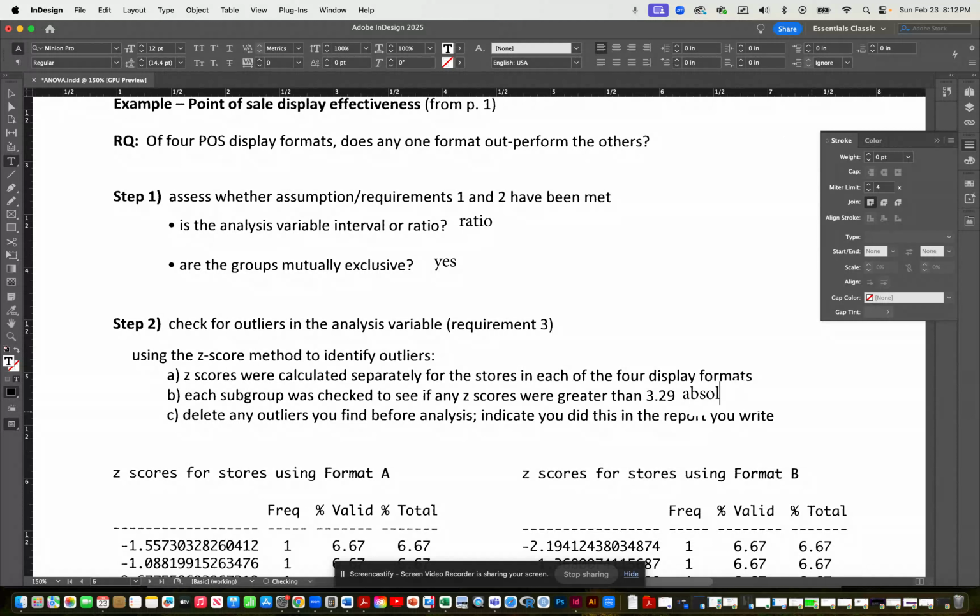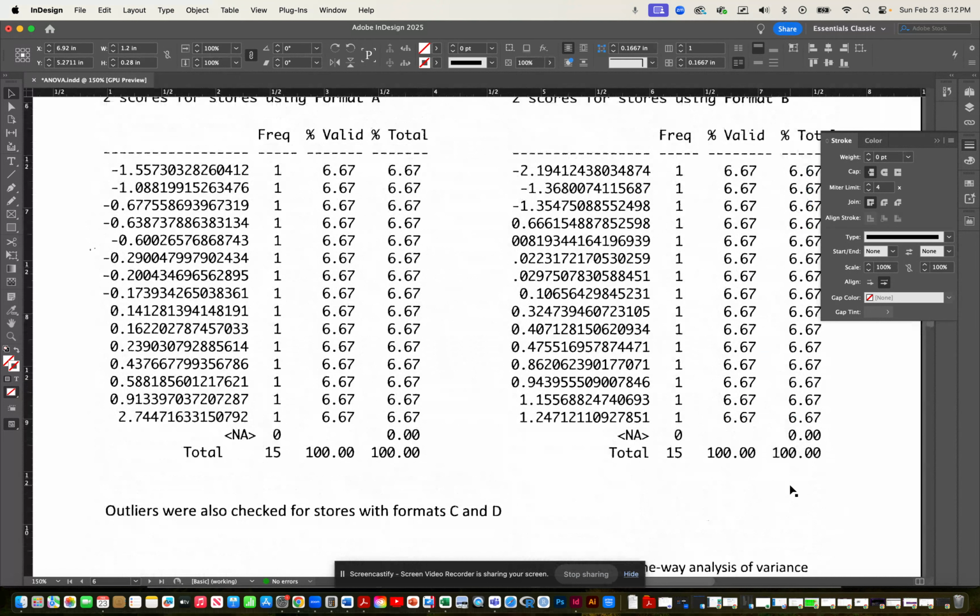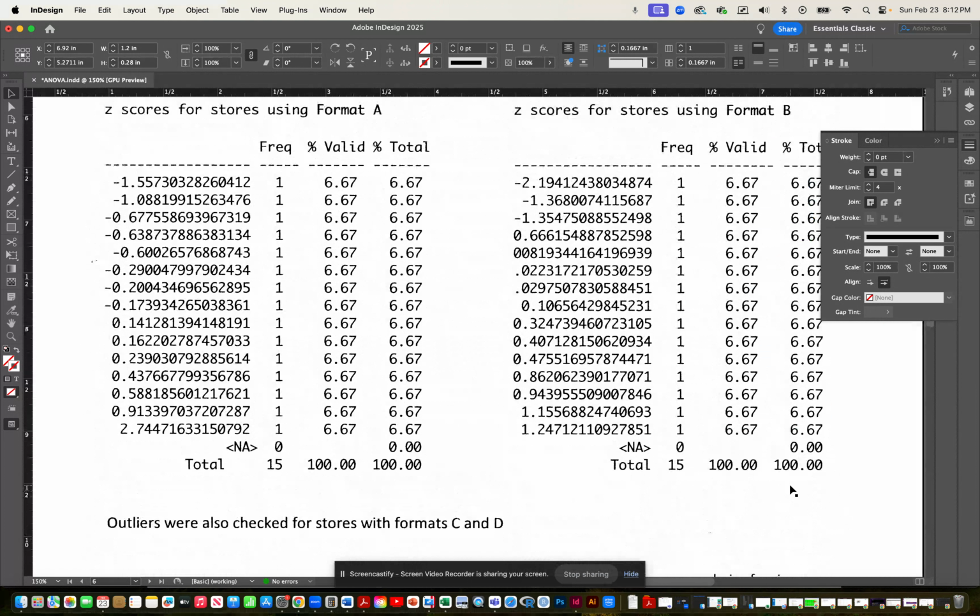So anything above or below 3.29, we would consider an outlier, and we had to do that for format A, format B, and then we didn't show format C and D to save space, but we also did that. And there are no values, negative or positive, that are 3.29. So there are no outliers.